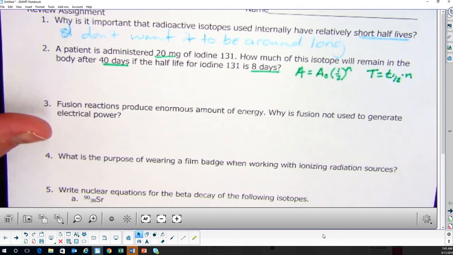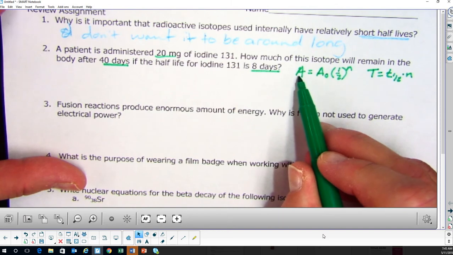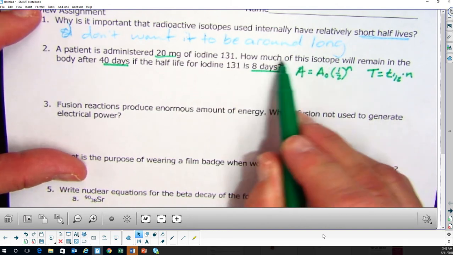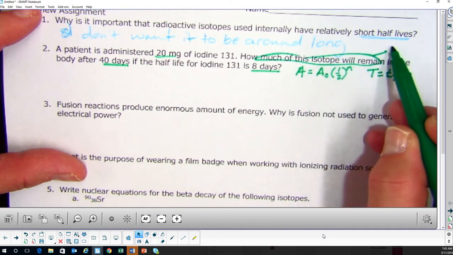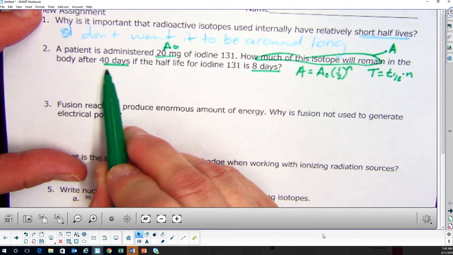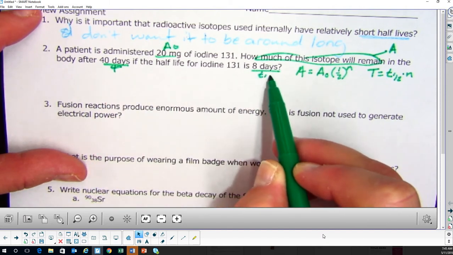Now, n was the number of half-lives, T 1/2 was the half-life, and A0 was the amount original, and A was how much did I have left. So because they want to know how much will remain, we're looking for A. Here is A0. This is the total time, and this is T 1/2.